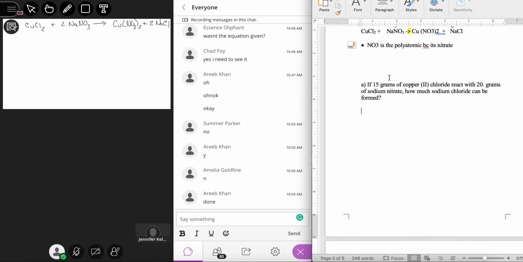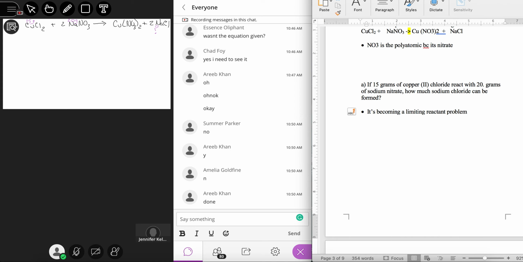It says if 15 grams of copper chloride react with 20 grams of sodium nitrate, how much sodium chloride can be formed? All right.